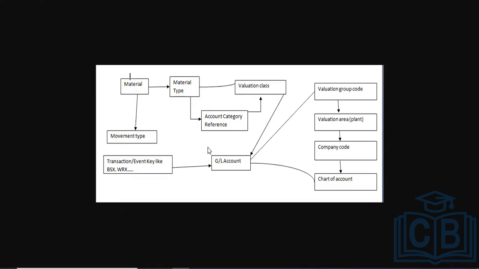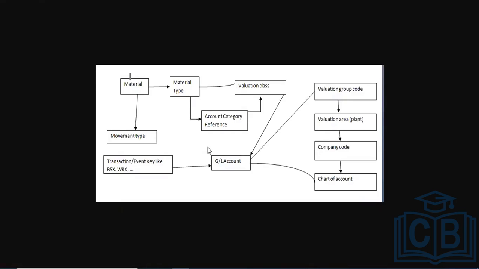How will the GLs be hit? Till now, in goods receipt, the stock account will be debited and GR/IR will be credited, and in invoice verification the GR/IR account will be debited and the vendor account credited. Generally, we are telling the system this account will be debited, that account will be debited, and the credit will happen here.